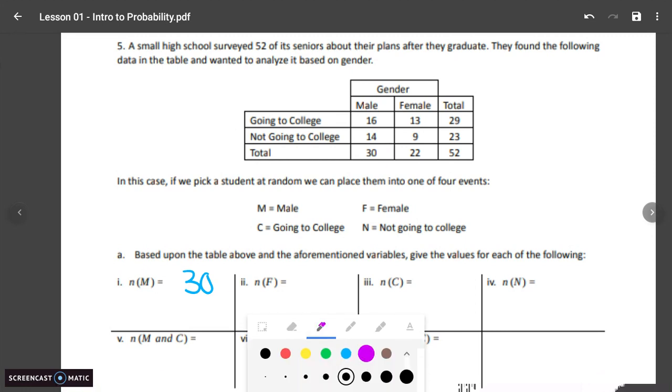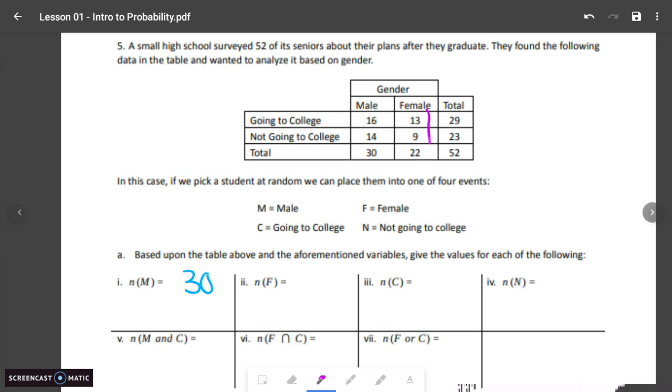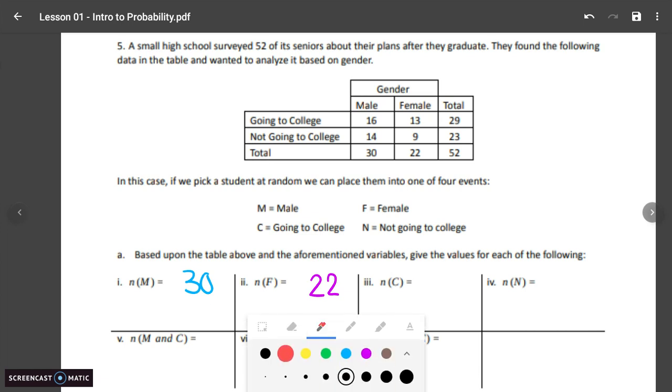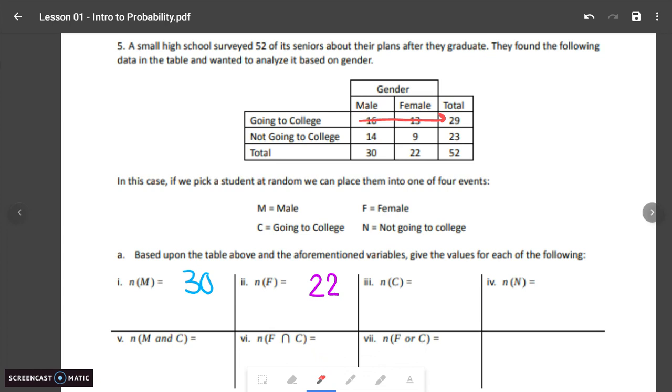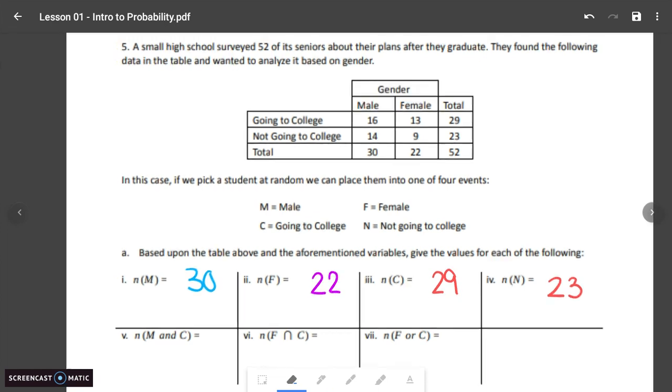Now, for females, we're looking at the total number of females, that's 22. Number of college, okay, so again, we're going across, the total number is 29 of them. And not going to college, the total number is 23. So that's just asking me about the number specifically.